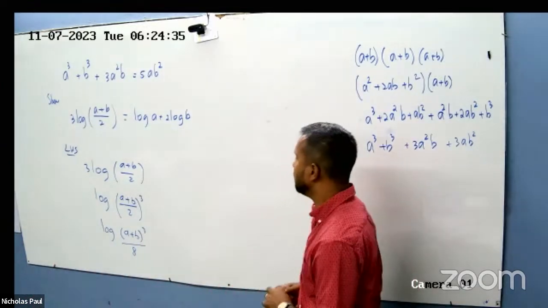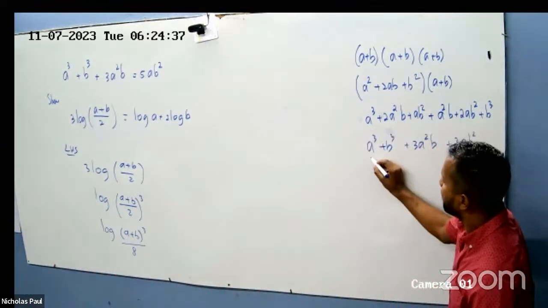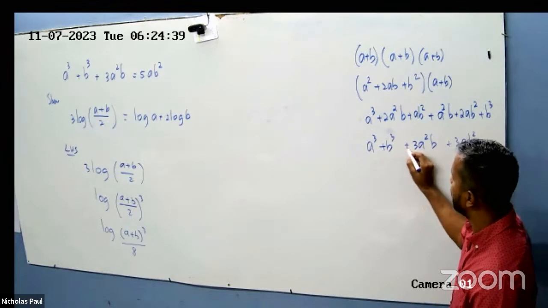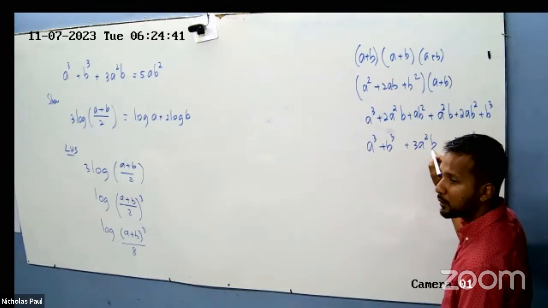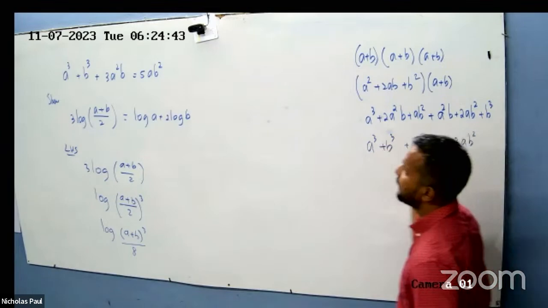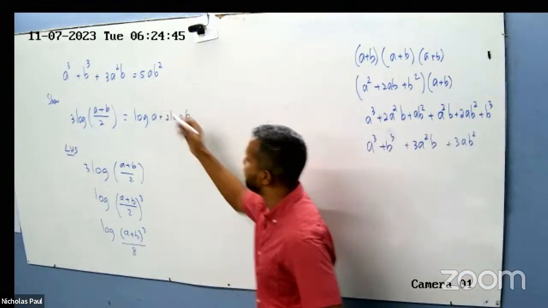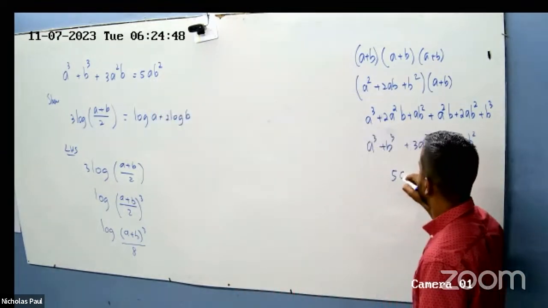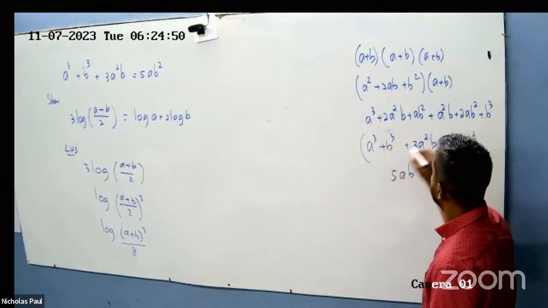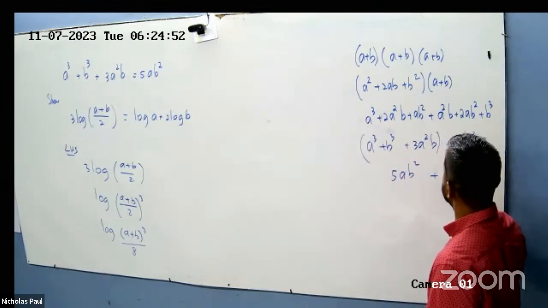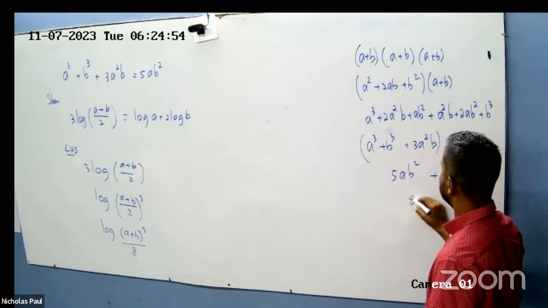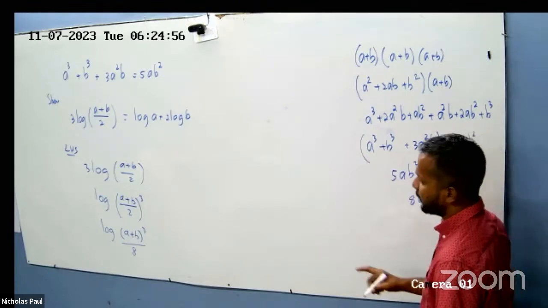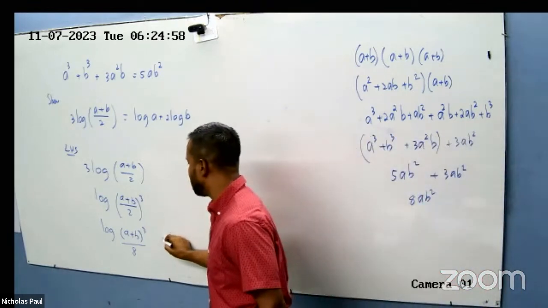Right? So anybody recognize what is a cubed plus b cubed plus 3a squared b plus 3ab squared? So I can take this and just add it to 3ab squared, and I'll get 8ab squared. So I can come back here now, right?